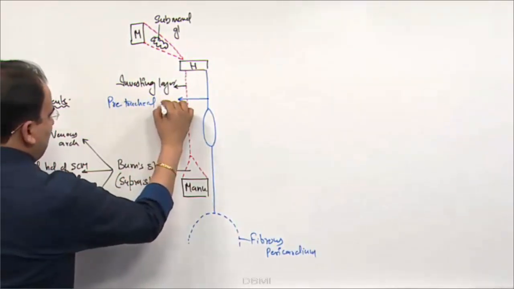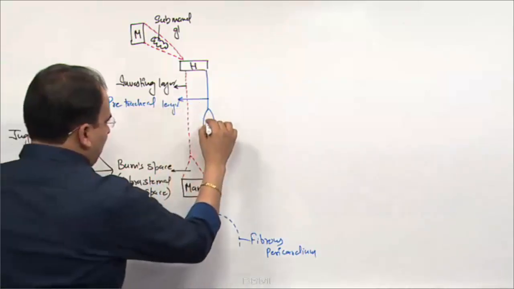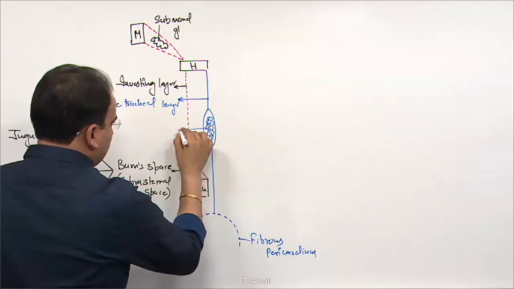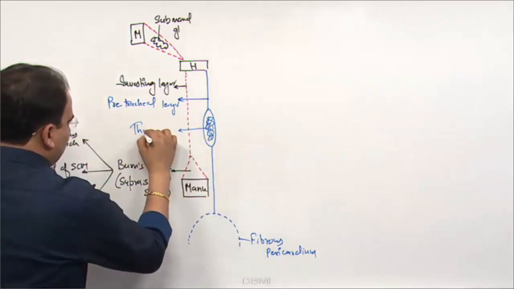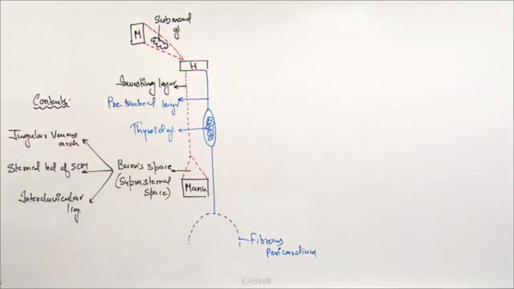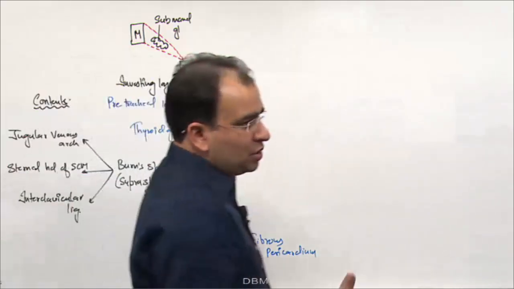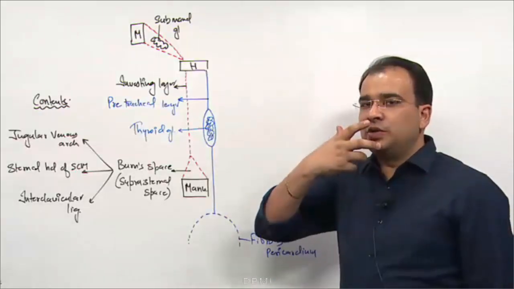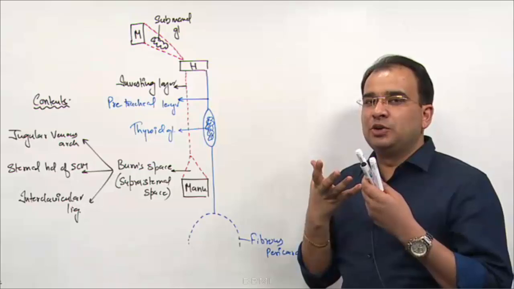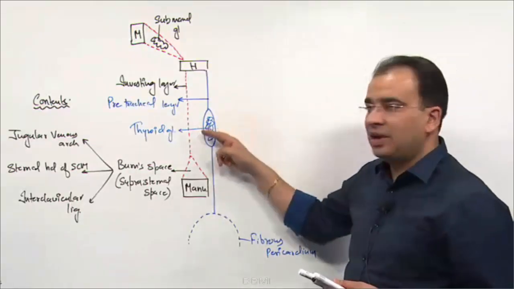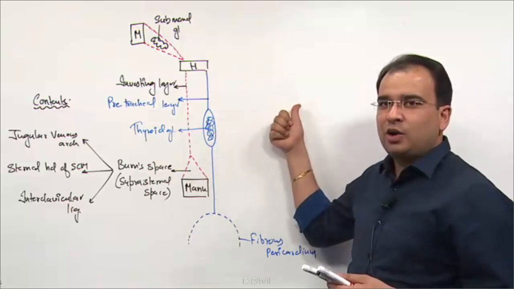This is the pretracheal layer, and it is enclosing the thyroid gland inside, the false capsule of the thyroid gland. Now what we say about the thyroid gland is that it moves up along with deglutition. Why does the thyroid gland move up with deglutition? Because there is something holding the thyroid gland. There is a modification of this pretracheal layer which is attached to the cricoid cartilage.